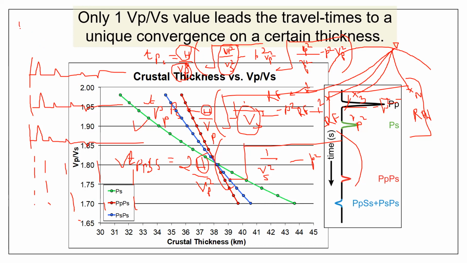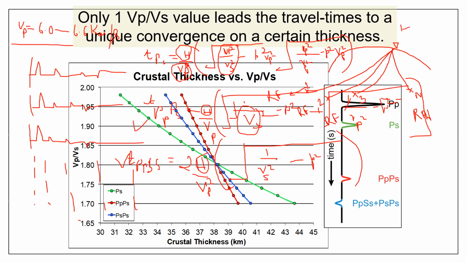You can assume it for the average crust ranging, let's suppose, from 6.0 to 6.6 kilometers per second, or you can assume it from previous studies. If you have knowledge about this Vp, maybe from a reflection survey, you can find this value for the average crust of the particular area where you would like to do the investigation, and then you can vary this H and Vp by Vs values.